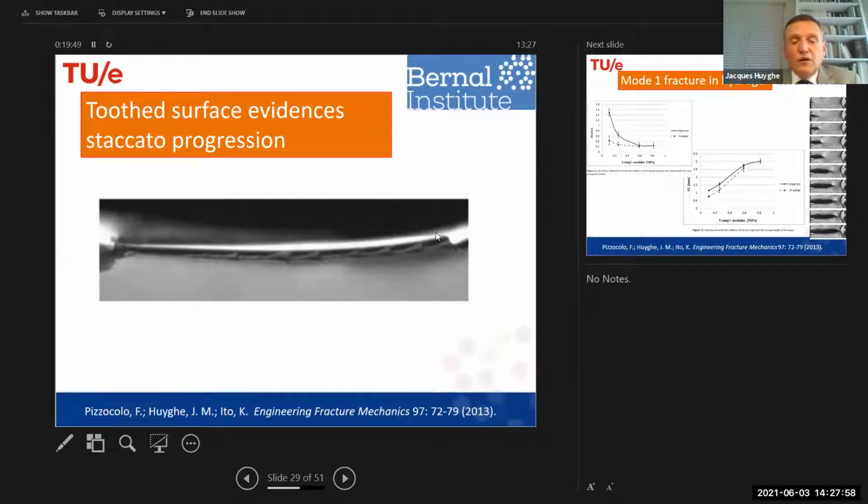Now, we have done not one experiment, but dozens of experiments, and we've compared the time of pause between the different staccato progressions and the distance covered during one progression, so the length of the teeth, and that compared to the stiffness of the gel.